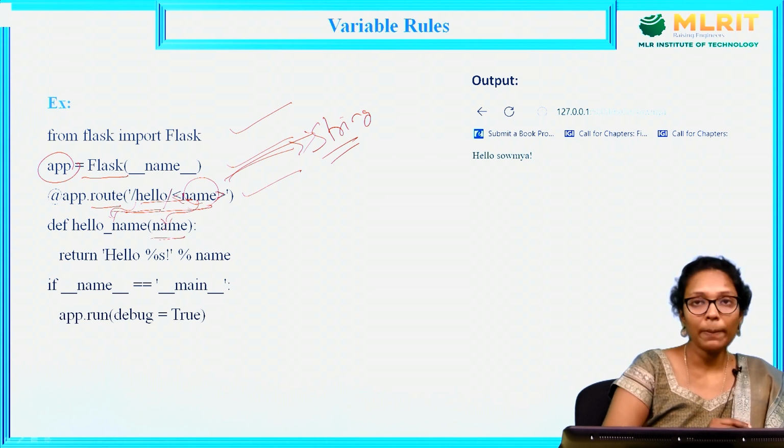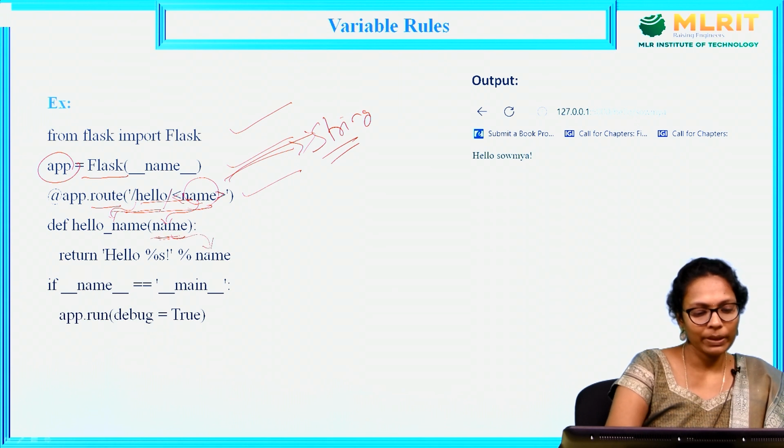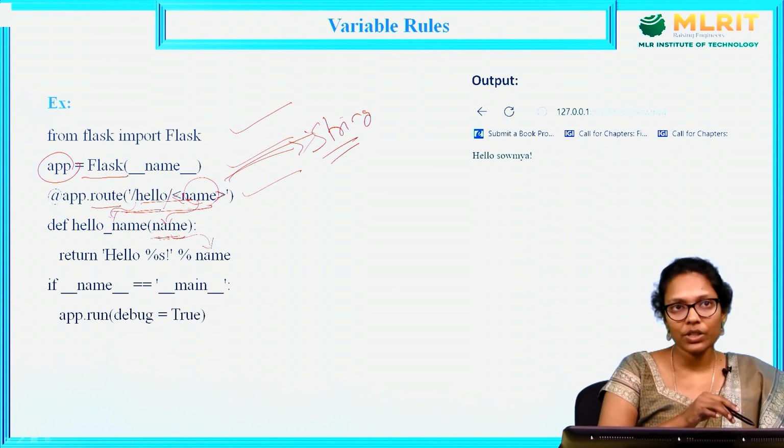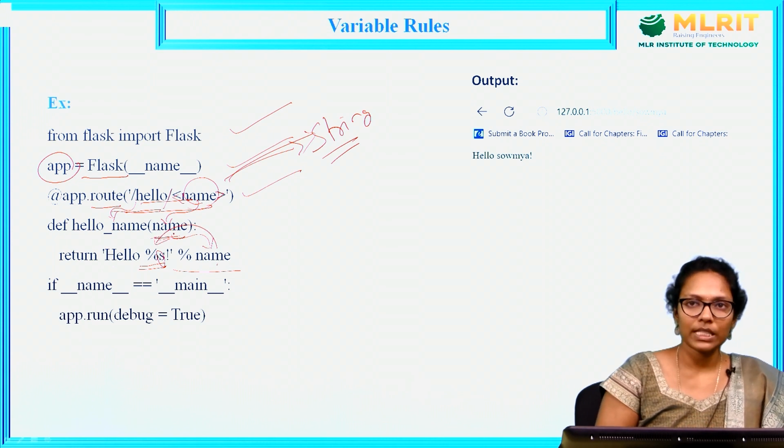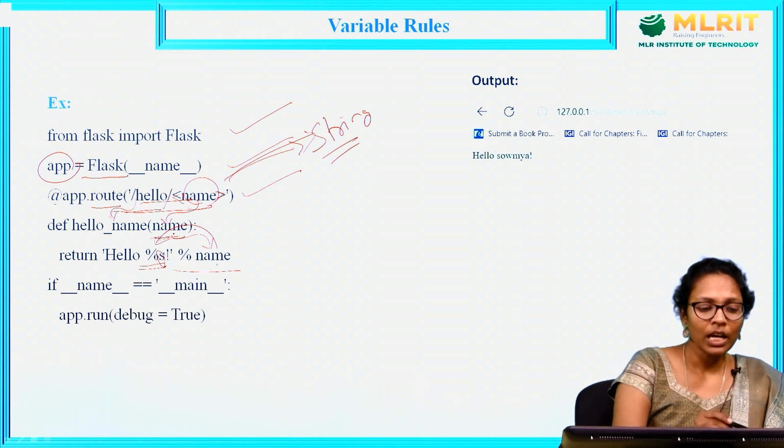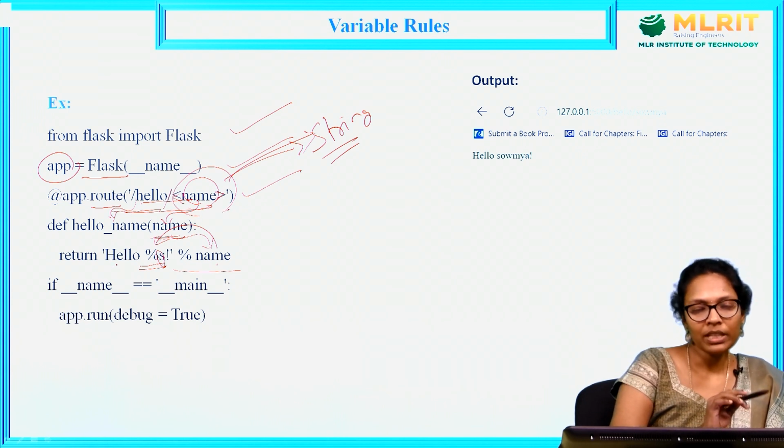This name will be passed here, and whatever the name is, I'm directly displaying it. Since it is a string, while displaying you use the format specifier %s: Hello %s. After closing the quotes, you specify the variable using %name. What output will I get? Whatever name you give in the URL, the same will be displayed preceded with a hello message.